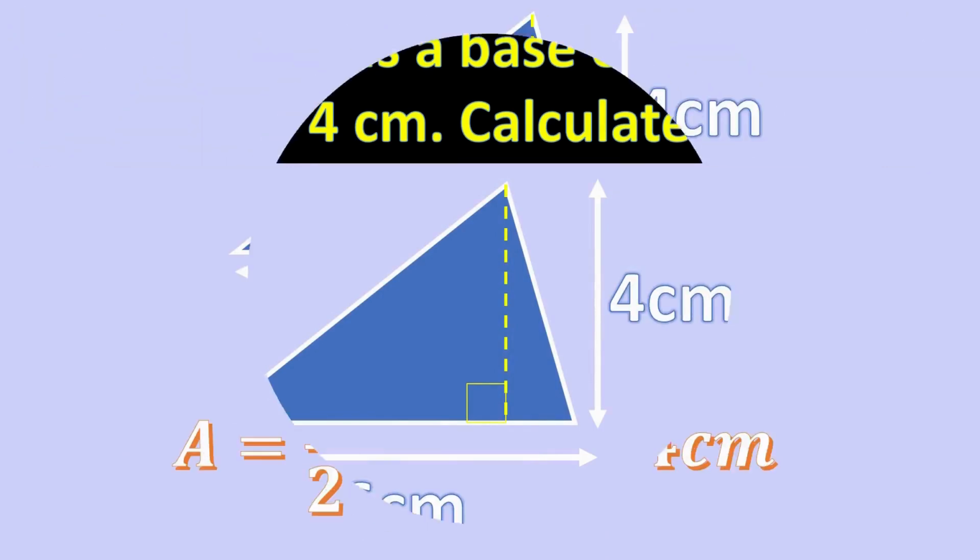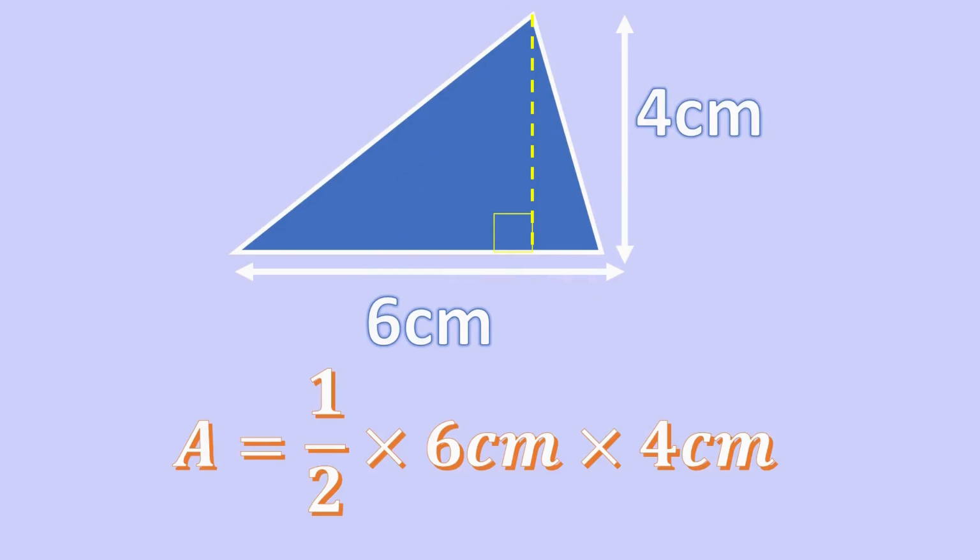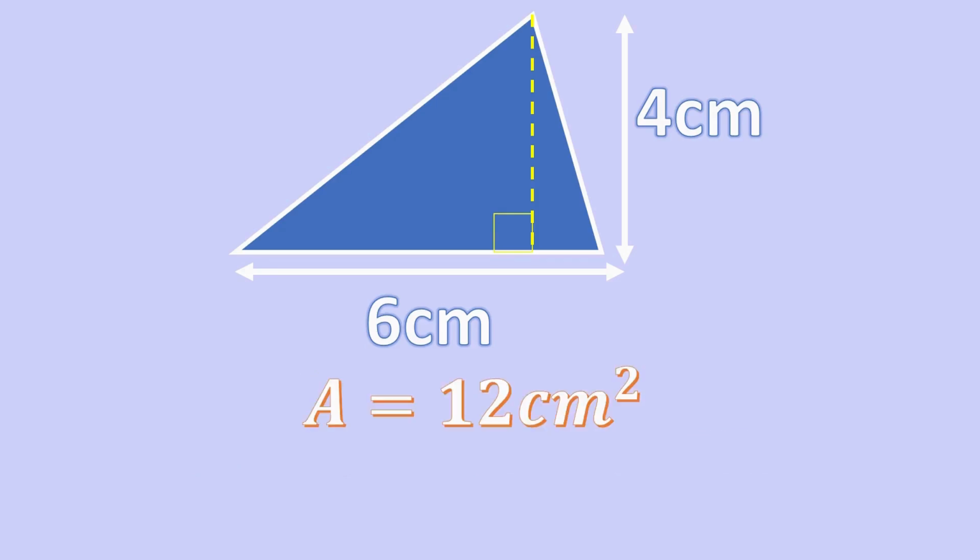To find the area, we use our formula. Area equals half times base times height. That's half times 6 times 4. Half of 6 is 3, and 3 times 4 gives us 12. So, the area of this triangle is 12 square centimeters.